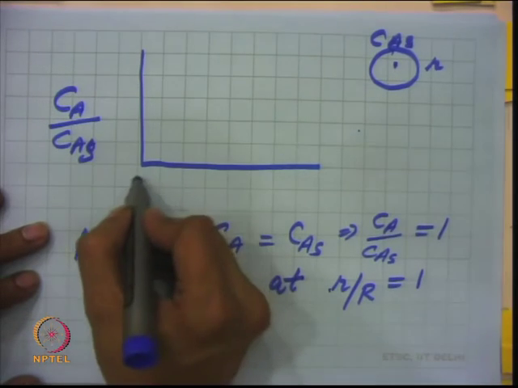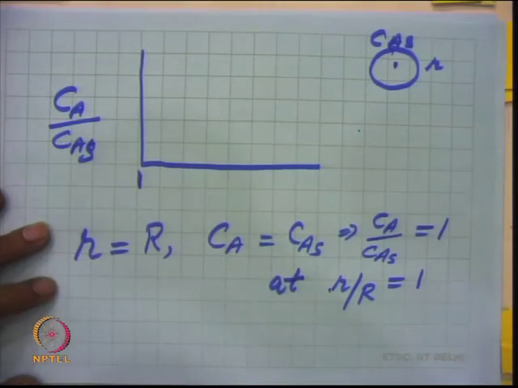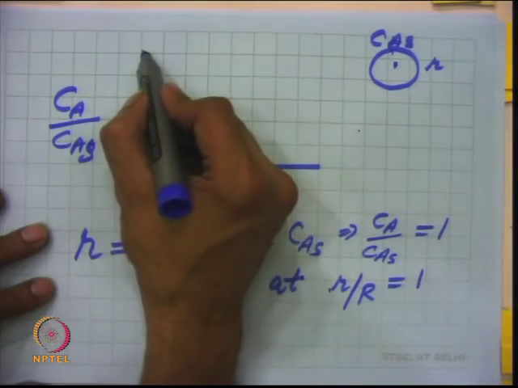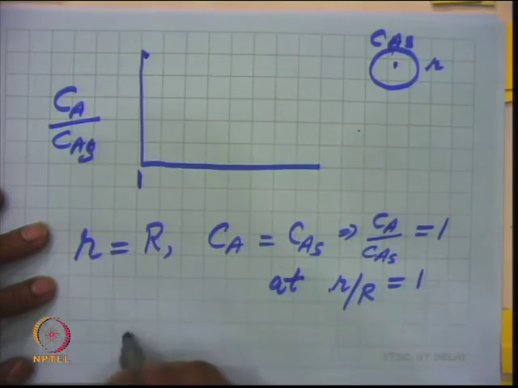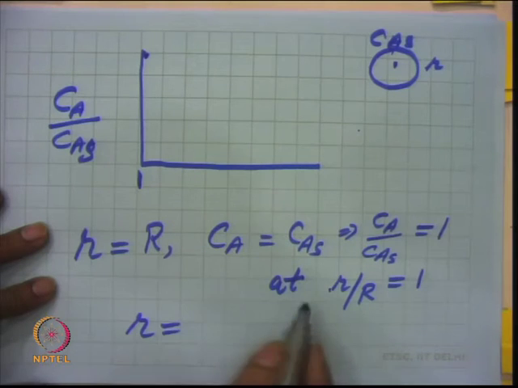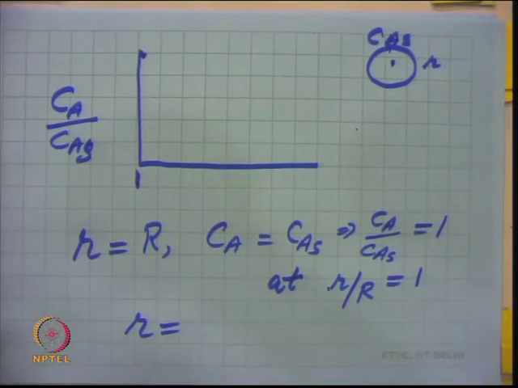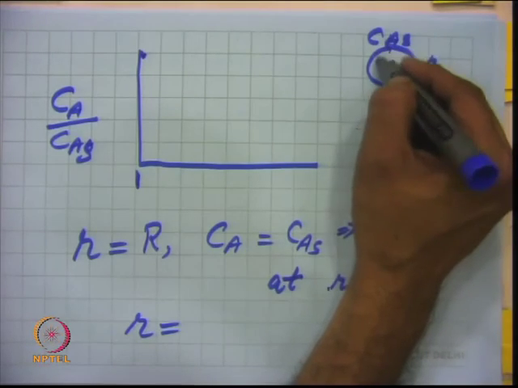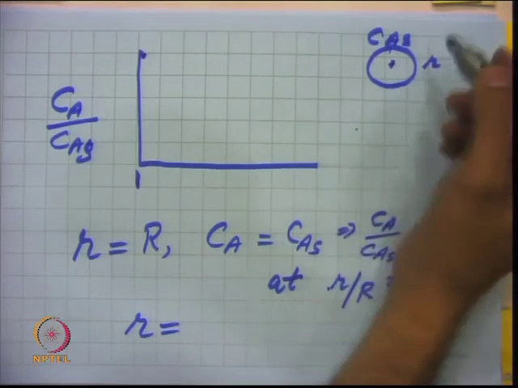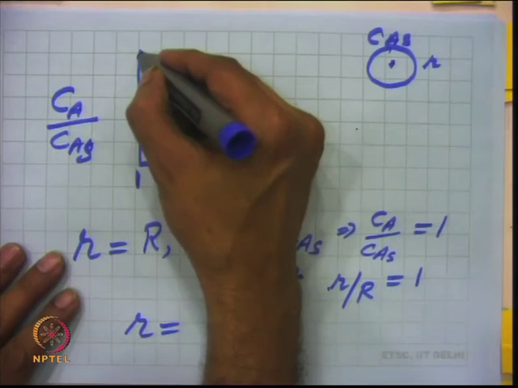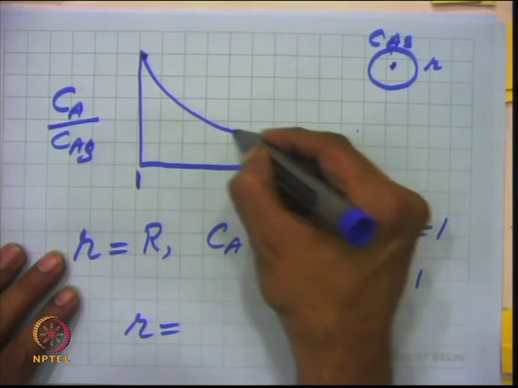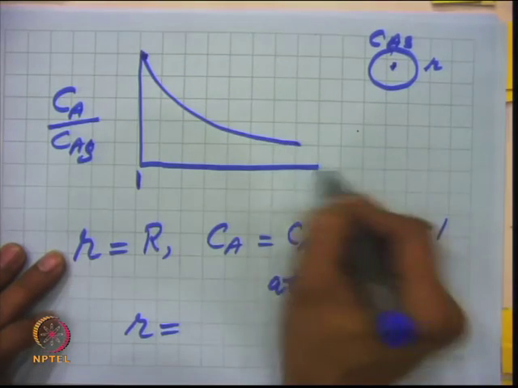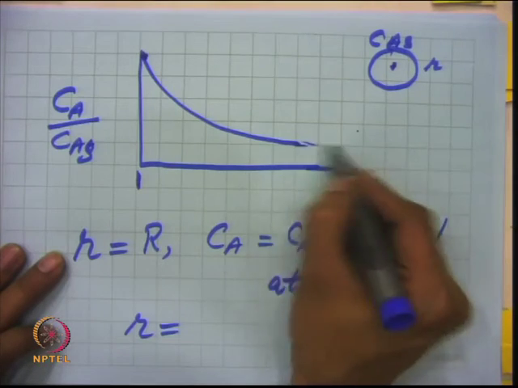So, this is my point 1, where you have the concentration 1. Then at r equal to 0, suppose you have the center, there is symmetry, so dCa by dr is 0 here at the center. Your concentration profile will go like this and approach 0 or a minimum at this point.